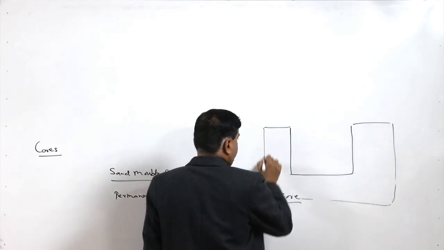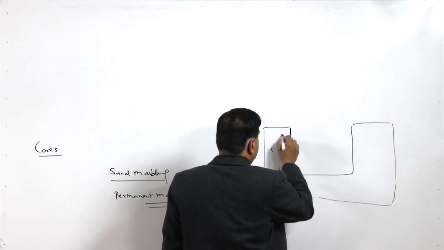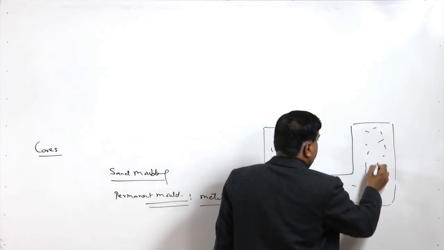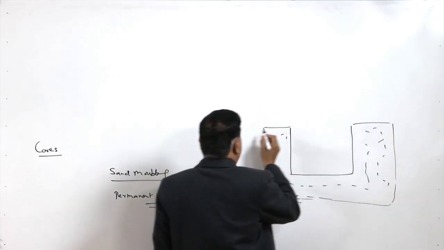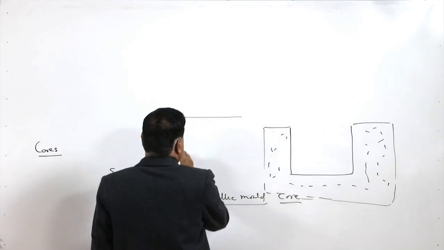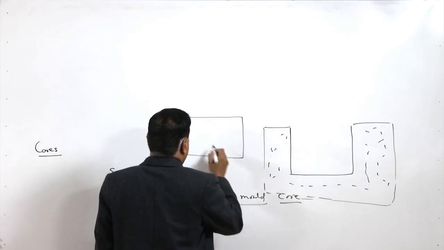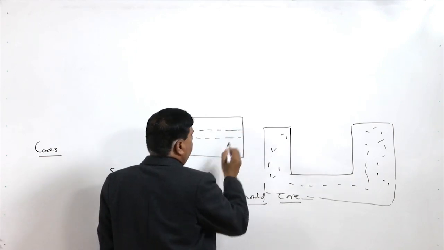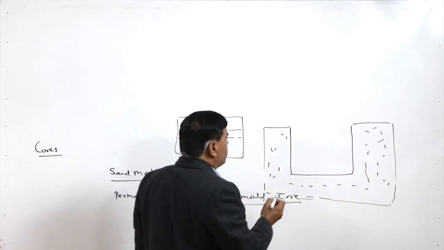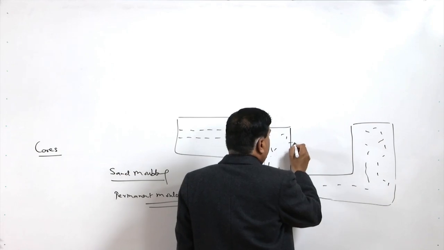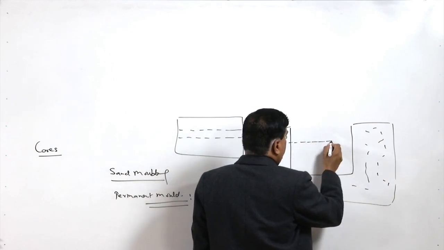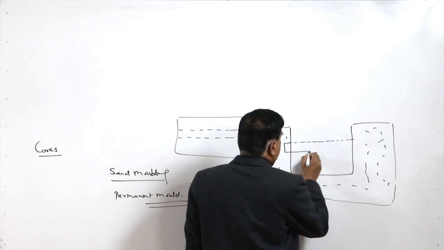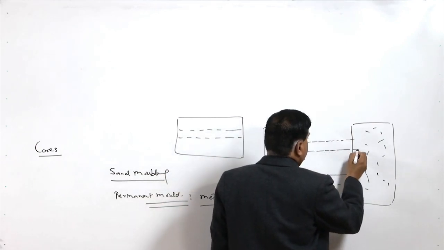So, we will see one typical diagram like this, a simple sand mold. What is done to make a component with a through hole like this? It can be produced with the help of the core. For this purpose we need to locate one core at this position suitably where it was desired.